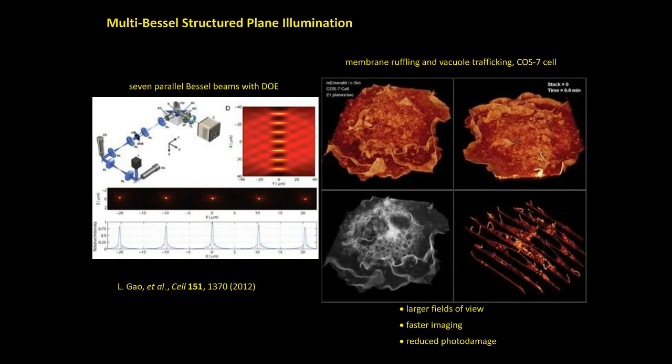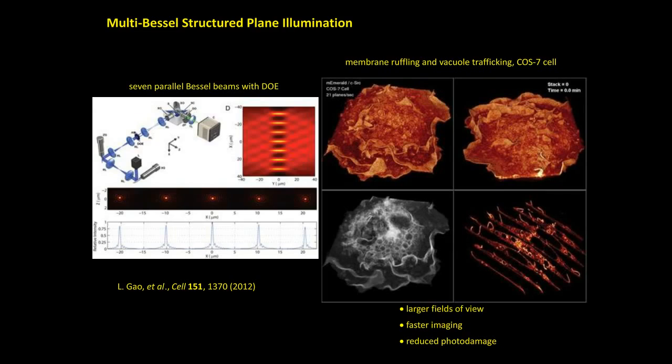Here is the multi-Bessel beam excitation: 7 parallel Bessel beams made with a diffractive optical element. I call it passive optics because we cannot change it; it is a physical grating. We put a Bessel beam mask and then a diffractive optical element, and in this way we can split one beam into 7 beams.